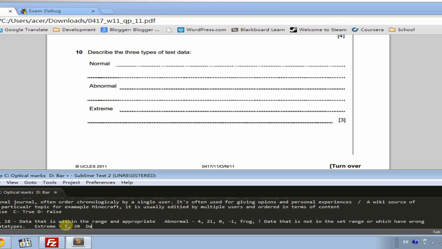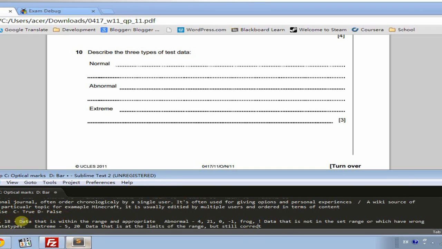So data that is at the limits of the range, but still correct. Okay, so we're not using abnormal data here. We're using normal data at its extremes.